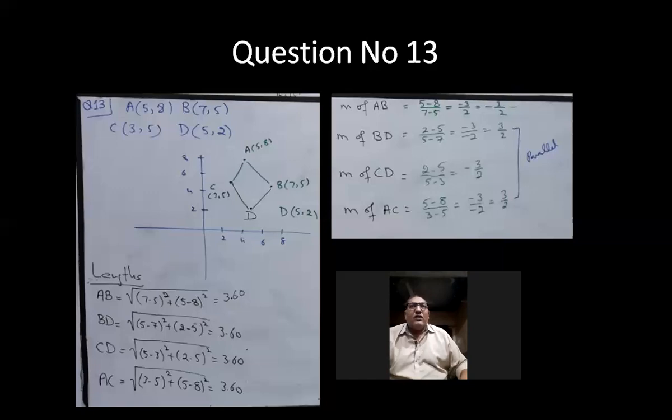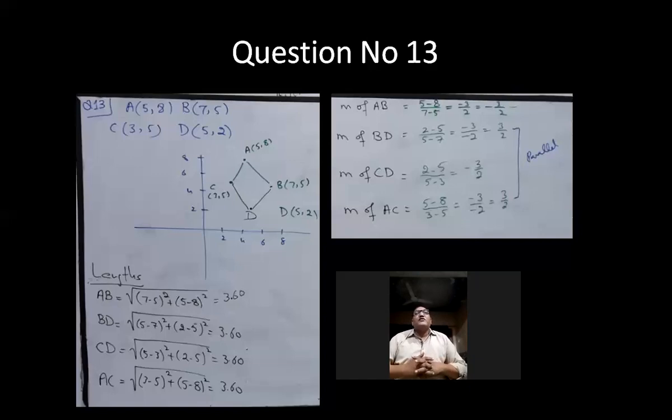They all are equal. Here you can see that I have applied the distance formula on the AB. The distance formula is x2 minus x1 whole square plus y2 minus y1 whole square, and the square root on top of everything. So you will have 7 minus 5 whole square plus 5 minus 8 whole square. Just enter this in your calculator. So you will have 2 square plus minus 3 whole square.